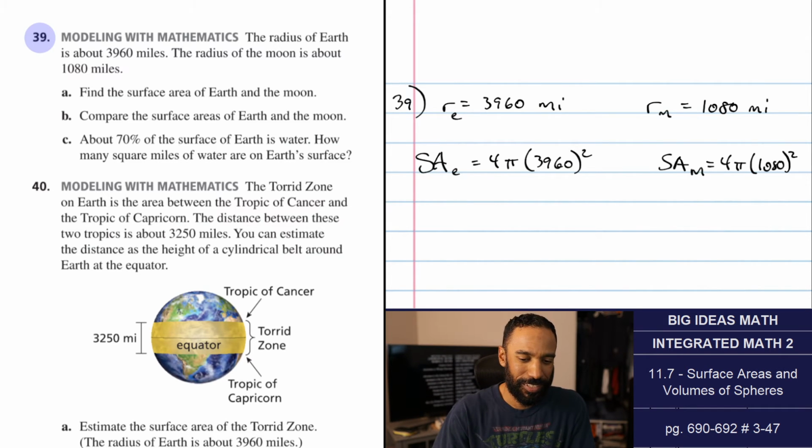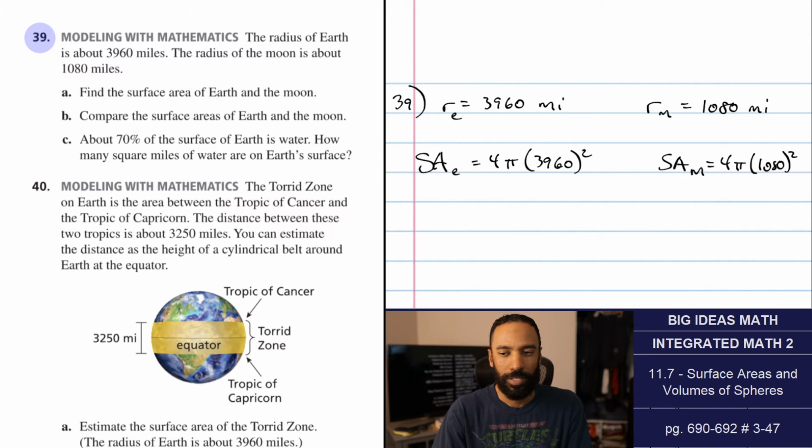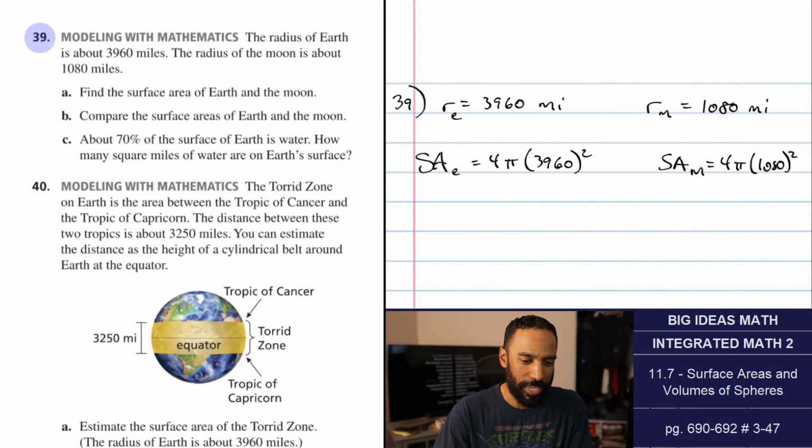I'm going to go to the calculator. So I'm going to type 3960 as a radius, and I get, oh, never mind. My calculator does a weird thing here where it has this scientific notation. I'll do it in the main.